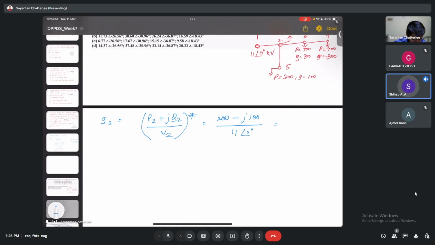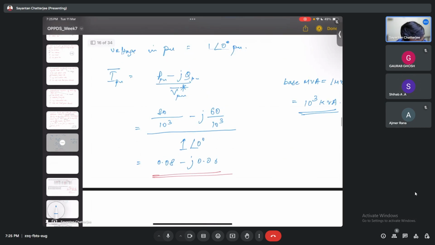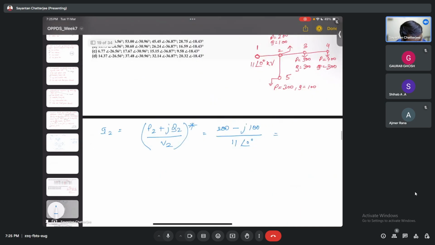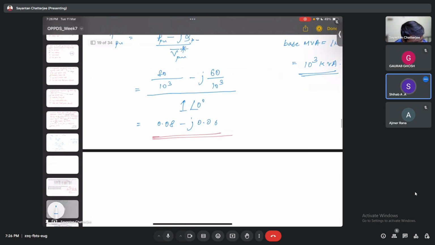Sir, in the previous problem we used P2 minus jQ. Yes, but there we didn't use the conjugate symbol, so I directly wrote minus. If you use the symbol of conjugate here, then you should use plus.